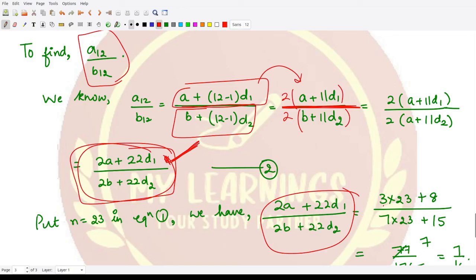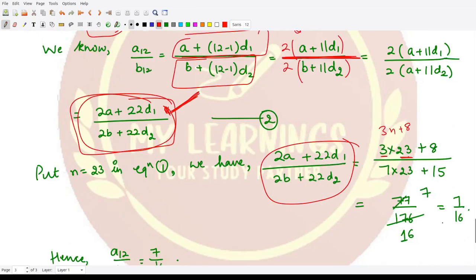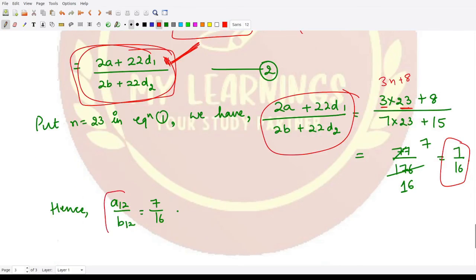This is equal to 3 into 23 plus 8 divided by 7 into 23 plus 15. So the numerator is 77 and the denominator is 176. We can reduce it by dividing by 11 on both sides, so you have 7 by 16. So your answer, the ratio of the 12th terms of both the APs, is 7 by 16. And this is what we wanted to calculate in this question.